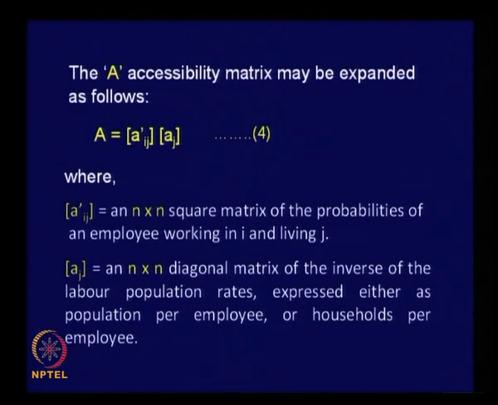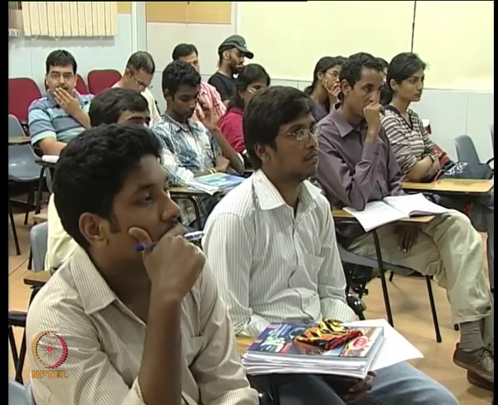Instead of employees per household, he found it convenient to have households per employee, or maybe a certain number of population per employee, about let us say 0.8 households per employee. Then how many employees per household? 1 by 0.8, is it not. So, that is how the inverse was taken for substitution in this particular case.